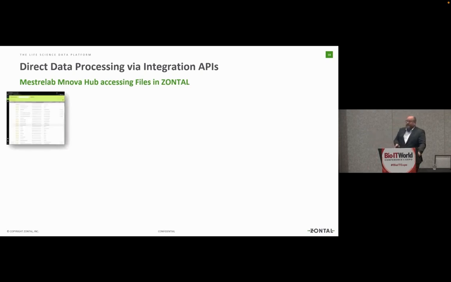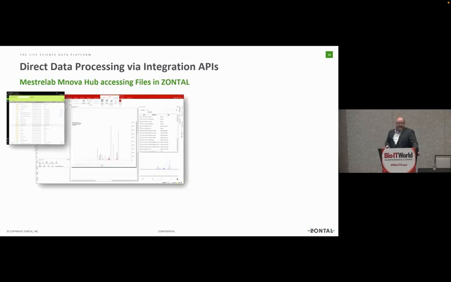So what we do have, together with MNOVA, is MNOVA Hub that of course can connect to your normal drive, but it also can connect to ZONTAL, and ZONTAL looks like a hard drive to MNOVA. So it's no change for the scientist. They just open the MNOVA Hub, they see all of their results from ZONTAL, and they can just click on it and open these results.